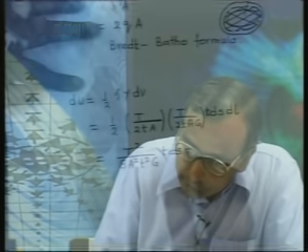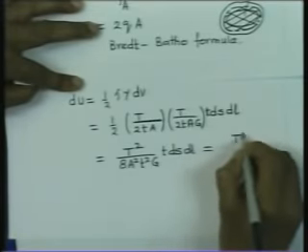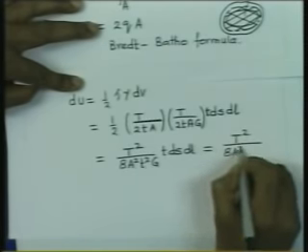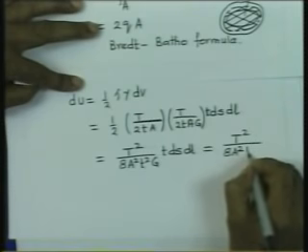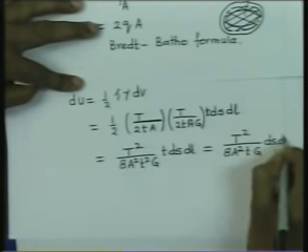So, this gives us T square by 8 A square, T square G T ds dl, which is nothing but T square by 8 A square into T into G ds into dl.